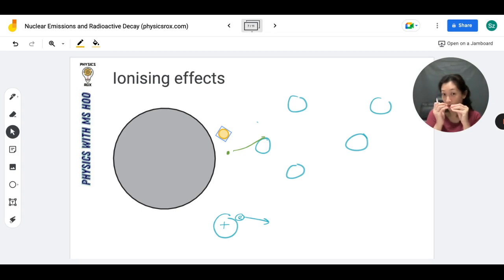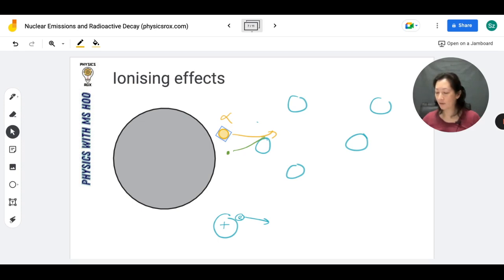The large one, not the small one. The large one, right? So alpha would have a much greater ionizing effect because it's able to more easily knock out the electron from the shell of another particle. Beta, maybe it would work, maybe it doesn't work, right?